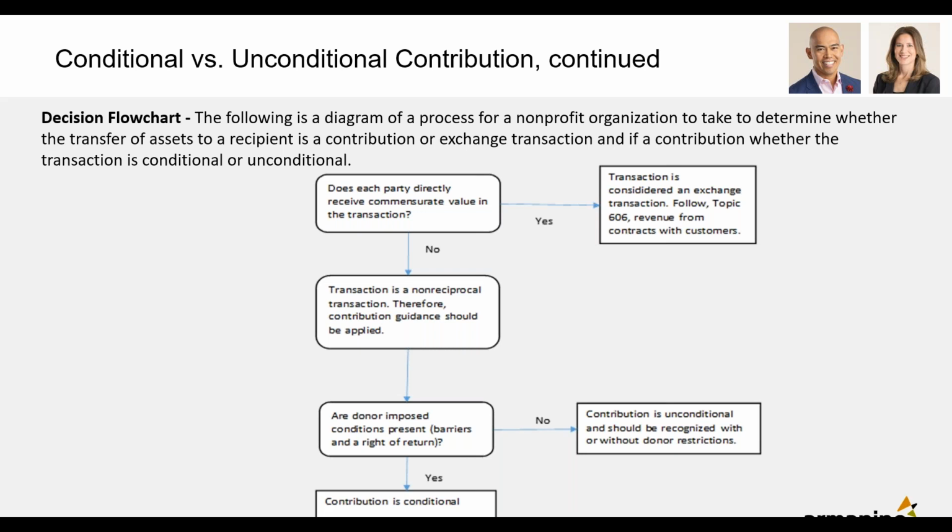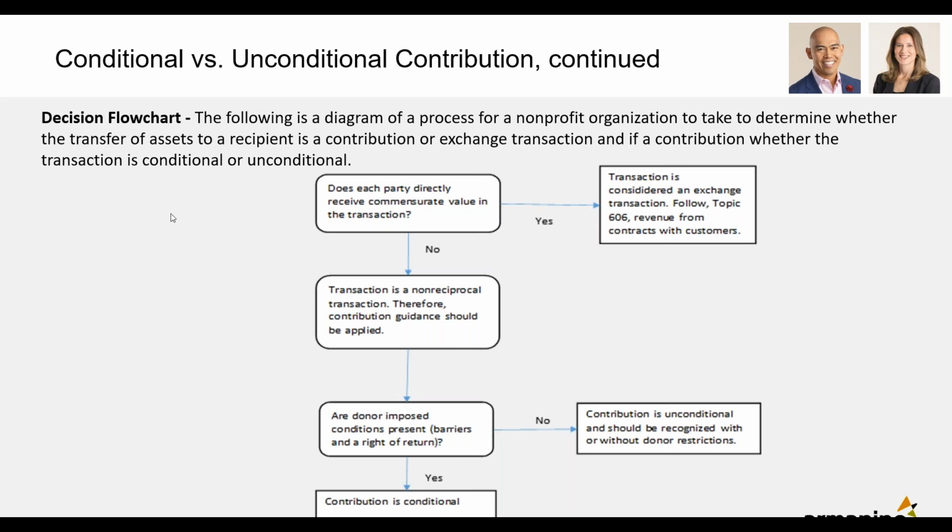So you can see there at the top that, like Brenda talked about before, your first step is identifying whether or not there's commensurate value in the transaction. If there is, most likely the transaction is considered an exchange. Nonprofit organizations that identify an exchange transaction will have to follow Topic 606, and that's contracts with customers.